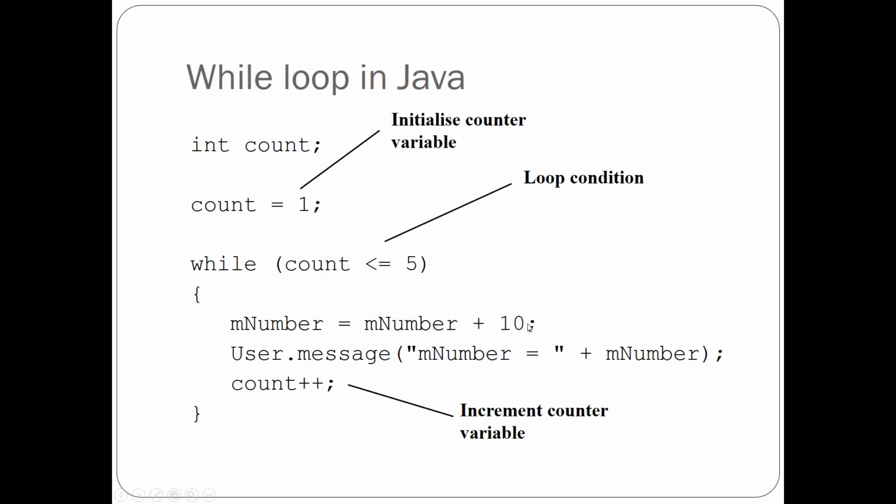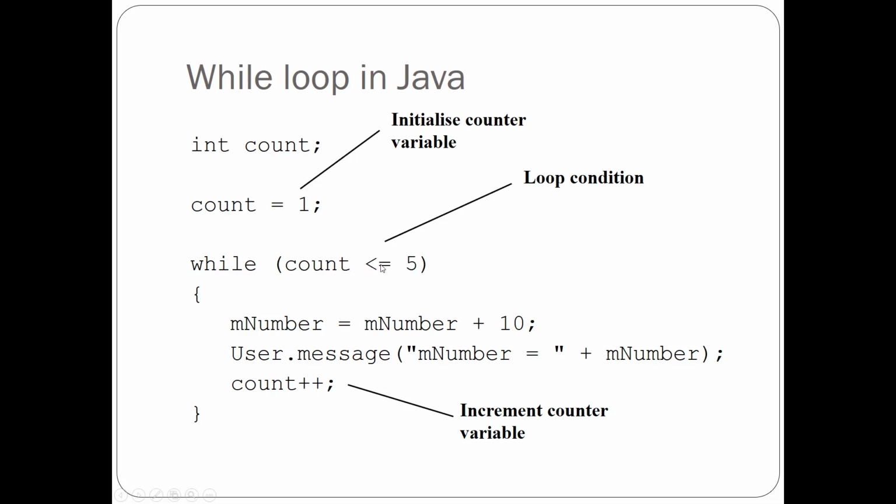We add 10 on, display it, add 1 onto count, so count is a value of 3, add 10, display it, add 1, count is a value of 4, still less than or equal to 5, add 10, display it, count has a value of 5.